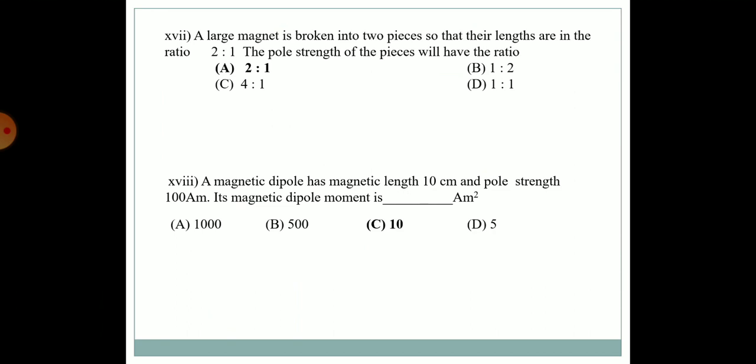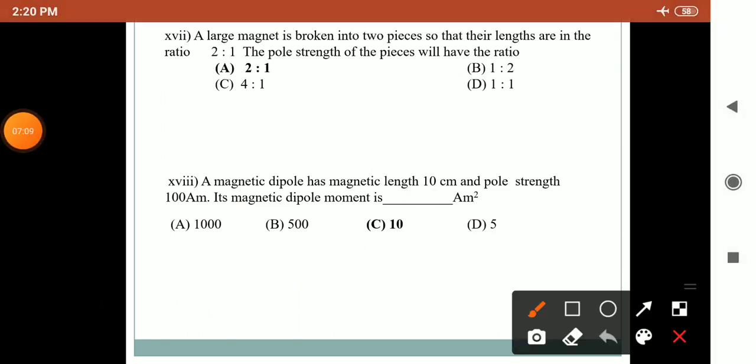The next: a large magnet is broken into two pieces so that their lengths are in the ratio 2:1. The pole strength of the pieces will have the ratio, the pole strength will be the same.